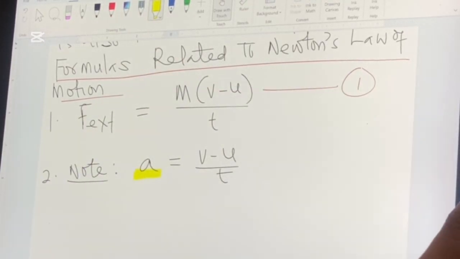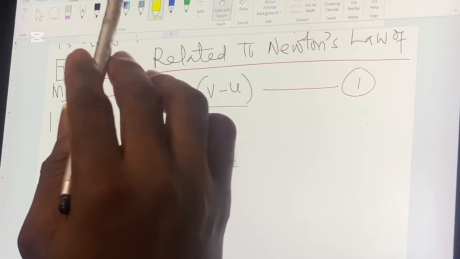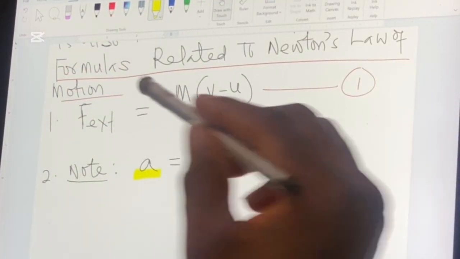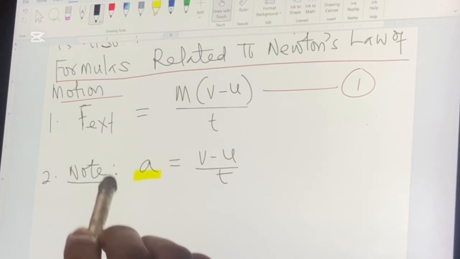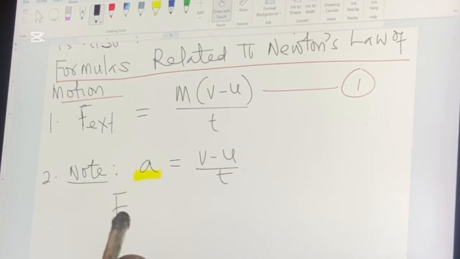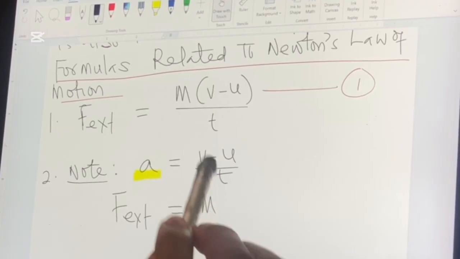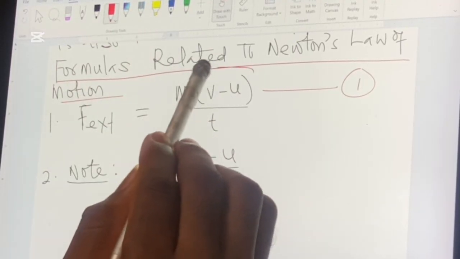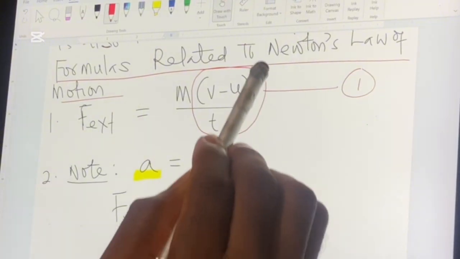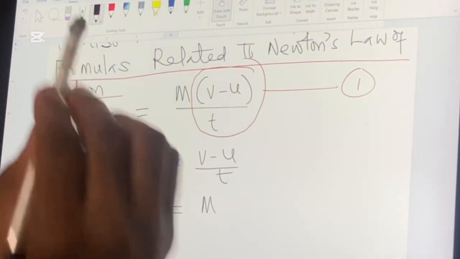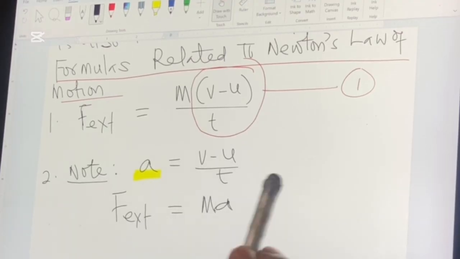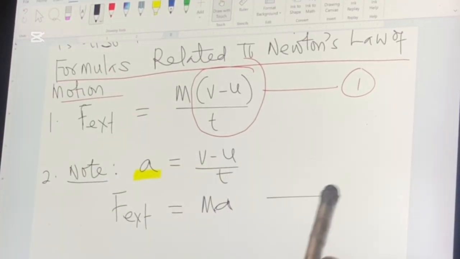So anywhere you see V minus U over T in equation 1, we replace it with A. So I will have my second formula to be F, external force, is equal to m into A. I will call this formula 2.